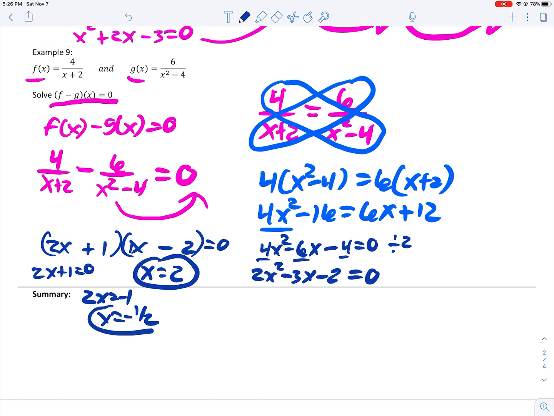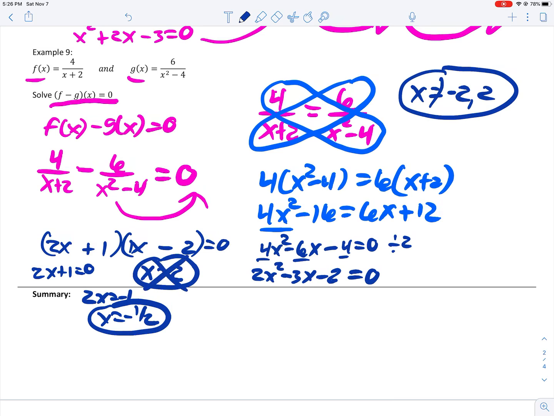So there we go. And we want to make sure we check our solutions, so x cannot equal negative 2. That makes the left fraction 0. And x squared minus 4 is a difference of squares, so it would be minus 2 and plus 2. So x can't equal negative 2 or 2, which, oh, look at that, we got positive 2.